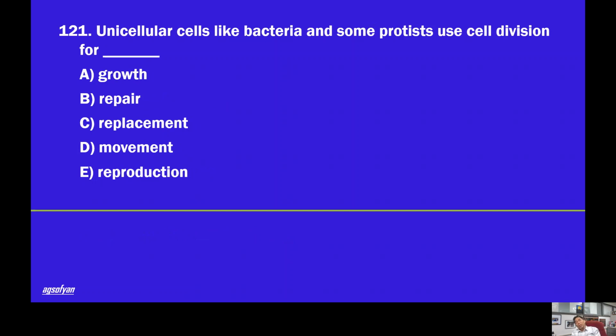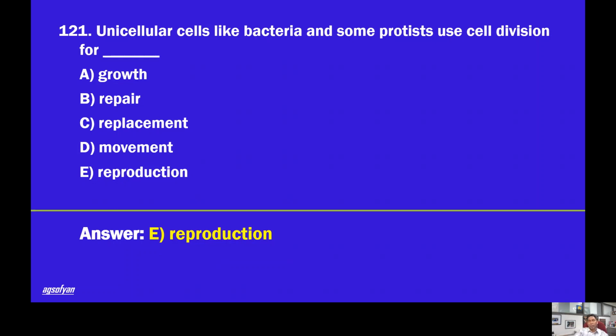121. Unicellular organisms like bacteria and some protists use cell division for growth, repair, replacement, movement, or reproduction? The answer is reproduction. So unicellular organisms will use cell division for reproduction.